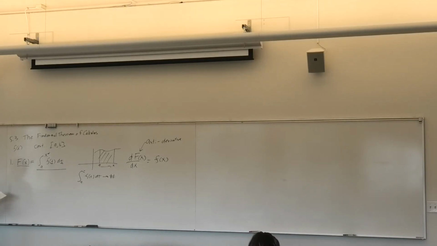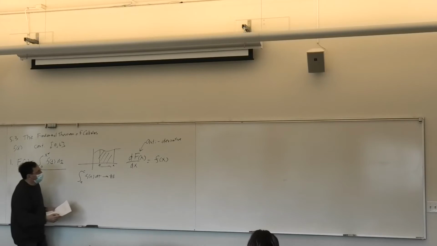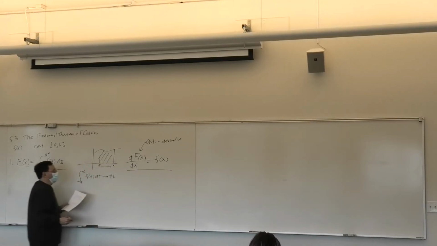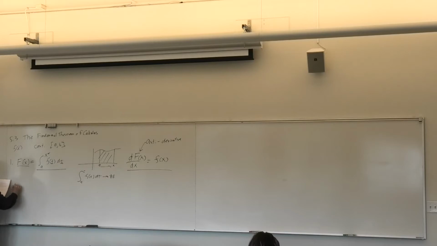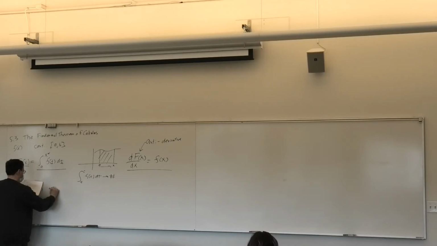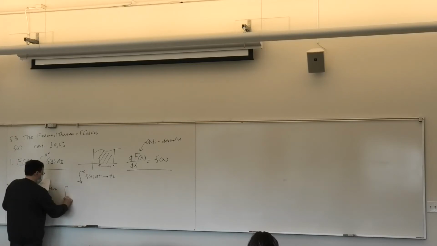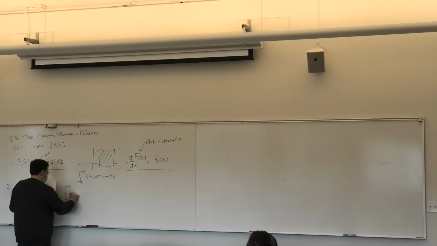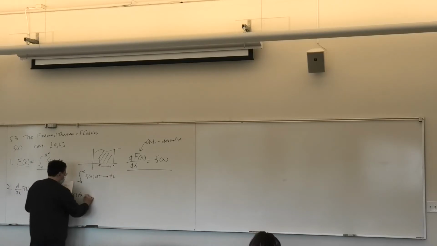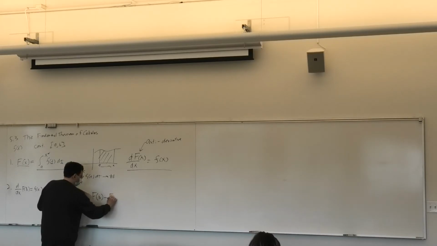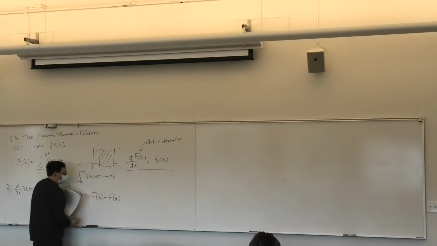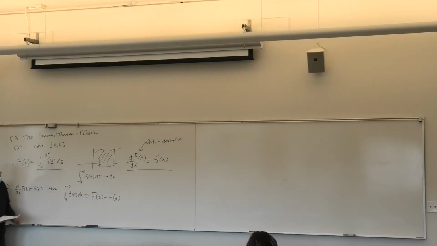The second part says, if you have this antiderivative of f of x, you can find its derivative and get f of x. And then the integral from any 2 points a to b of f of x can be found by evaluating this function, well, the difference in this function between these 2 points.